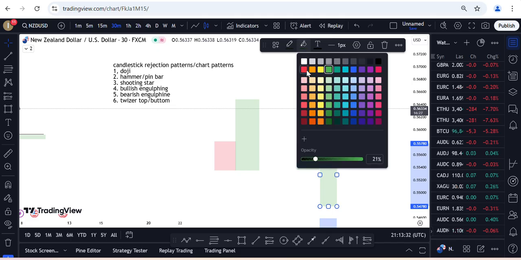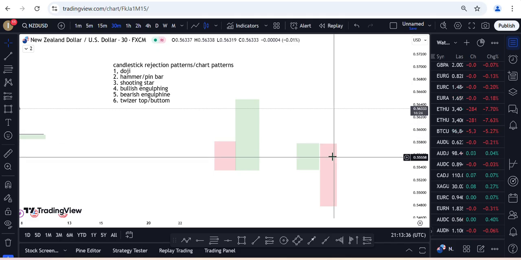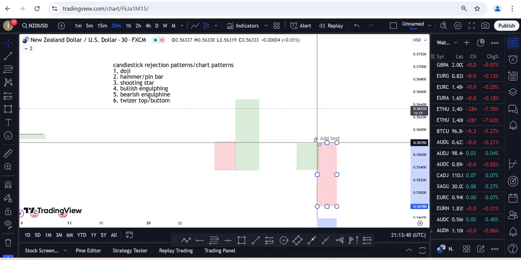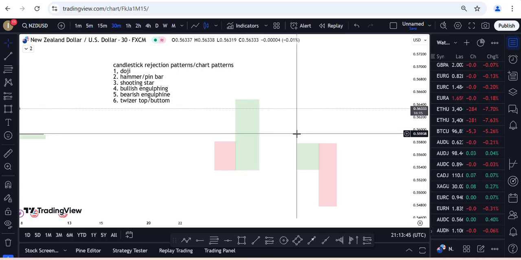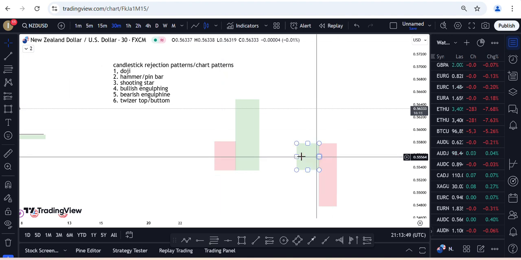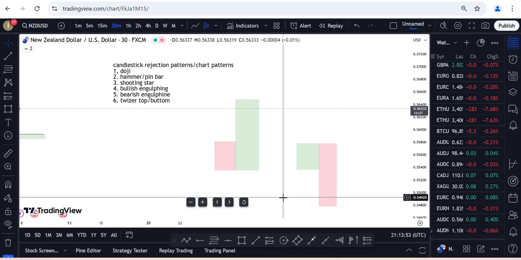Make it red. So this is the difference between both candlesticks. This first one is bullish engulfing, where the bullish engulfed the bearish. This one is bearish engulfing, where the bearish engulfed the bullish candle.